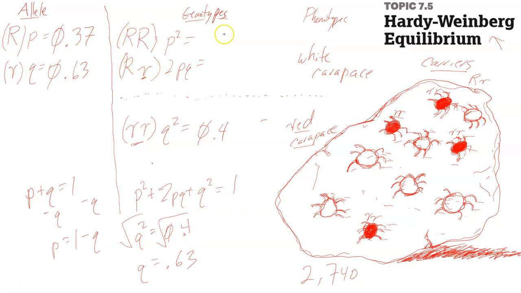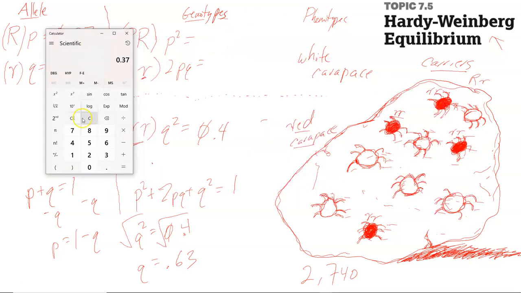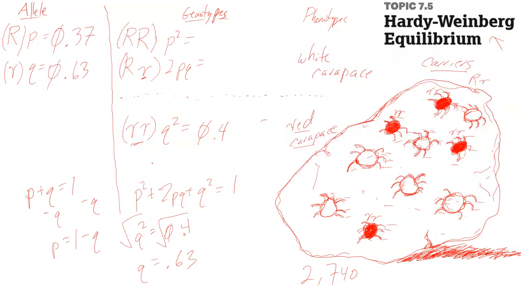Okay, well, now that you have those frequencies, you can solve for p squared, right? It would be 0.37 squared. So let's take 0.37 and just square it. 0.1369. We'll round it to 0.137.